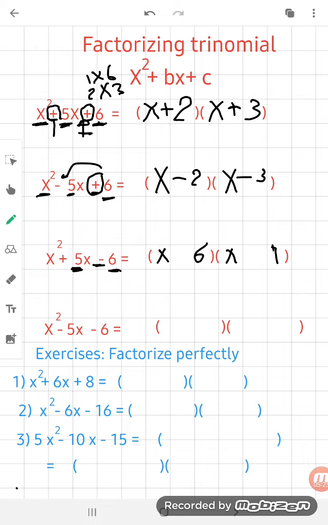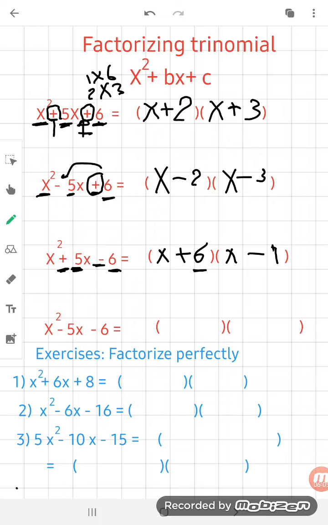So we put here positive and negative, but the greater number, 6 is greater than 1. So the greater number takes the middle sign. Middle sign is positive, so write here positive and here negative, because the two signs must be different. The greater number takes the middle sign, and the smaller number takes the different sign.